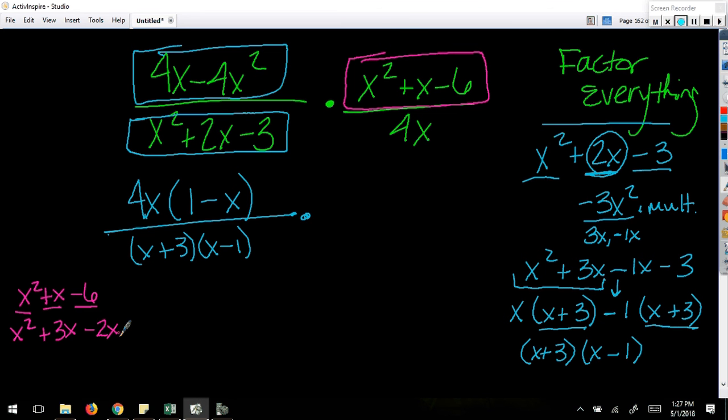Those still simplify back to x. The GCF of the first two would be x. If I take a negative 2 out of the last two, I have x plus 3. Again, I factor out the x plus 3, and I'm left with x minus 2. So this is the numerator here.